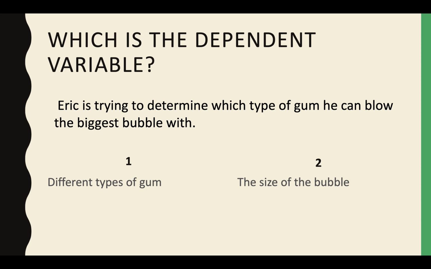Go ahead and give me an answer in 10, 5, 4, 3, 2, 1. Did you say that 2, the size of the bubble, is a dependent variable? Nice job, that's a correct answer. The size of the bubble is dependent on the type of gum that Eric uses. Therefore, the size of the bubble is a dependent variable.